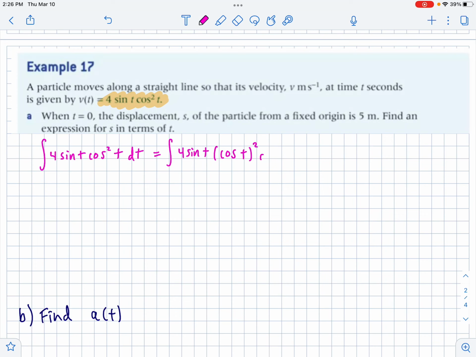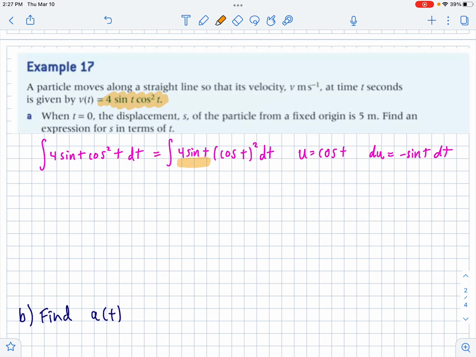So you need to think of it like this, that it's cosine t squared dt. So then u is equal to cosine t, and du equals negative sine t dt.